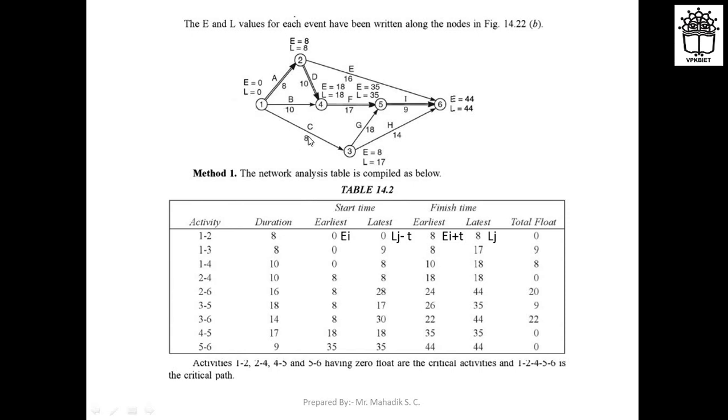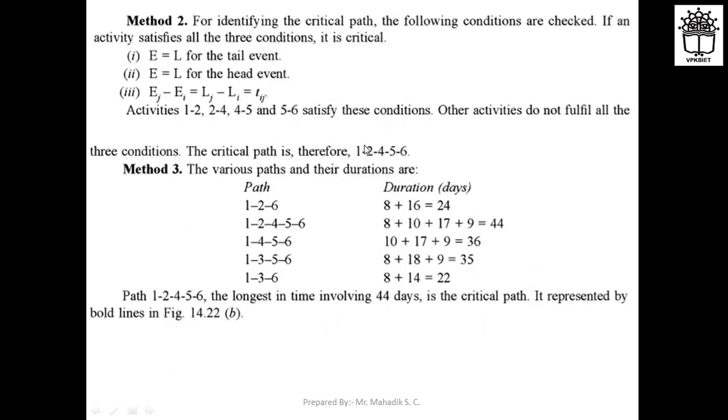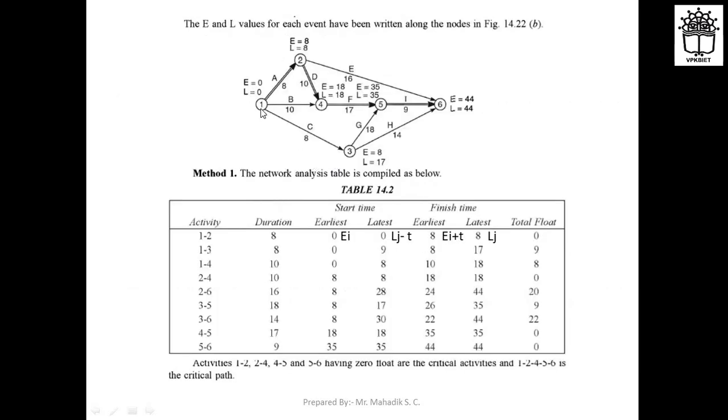So these are not equal, and that's why this is not a critical activity. If all these three conditions are satisfied, you can say that activity is in the critical path. So the critical path is 1, 2, 4, 5, 6.